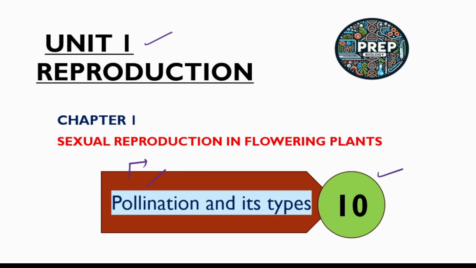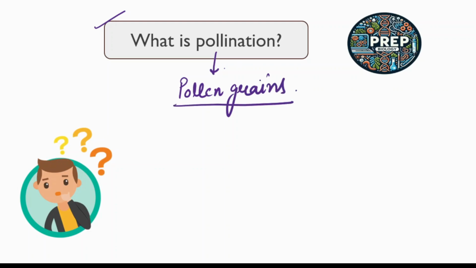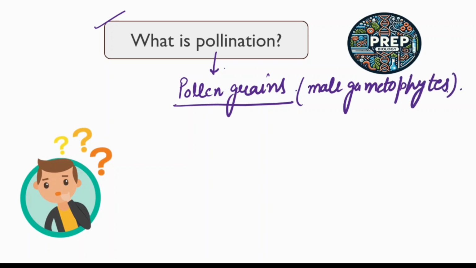Now, first of all, what is pollination? Pollination is somewhat related to the pollen grains. The pollen grains are the male gametophyte, we know that, that produce the male gametes.